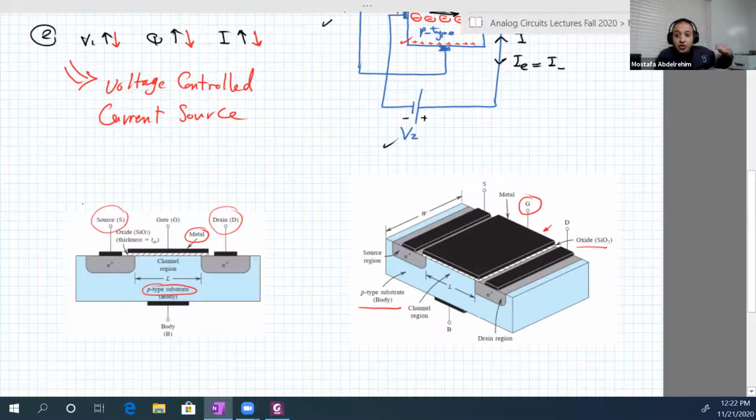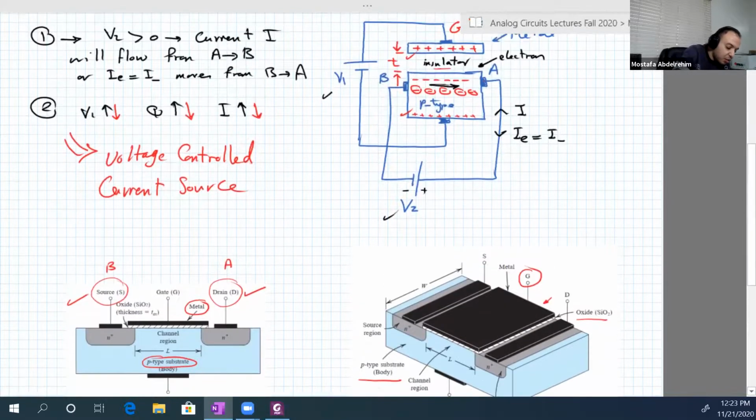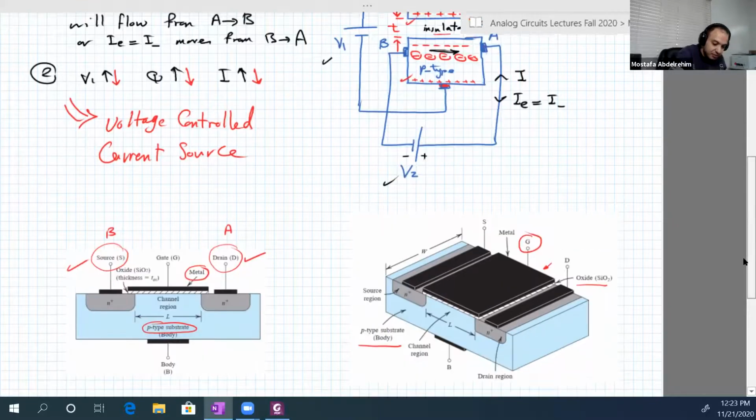The electrons flow from B to A. That's why they call B source and A drain. And here is the fourth terminal, which is the negative terminal of V1, which is the body.